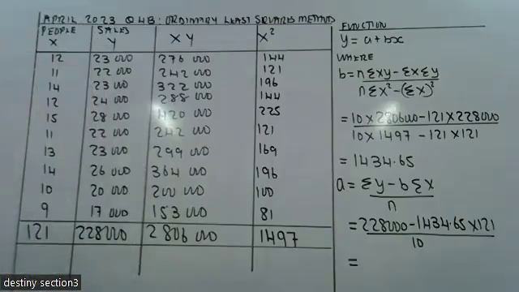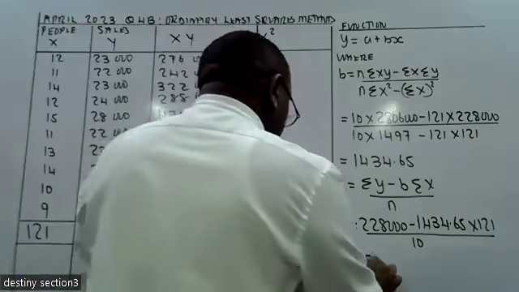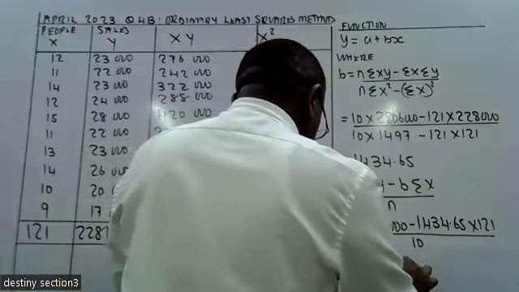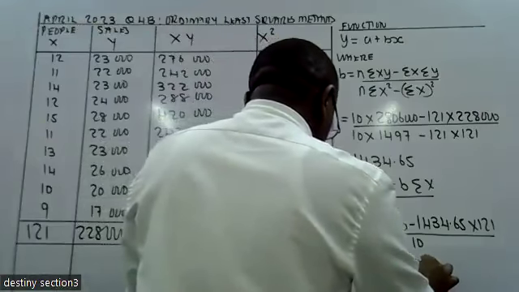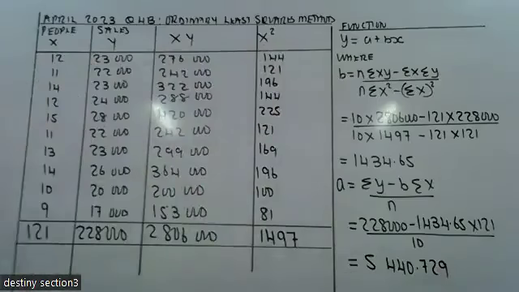So if I multiply this by 121 equals, then I say 228,000 minus the answer equals, divide by 10. Okay, 5,440.729. Okay?